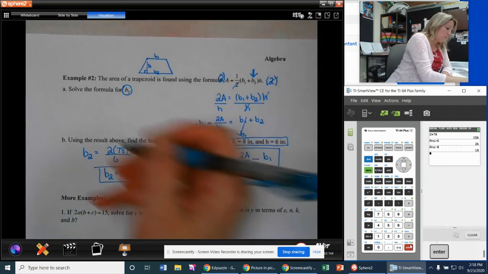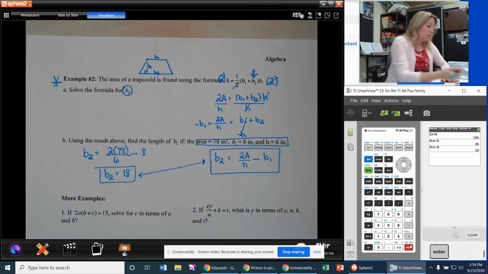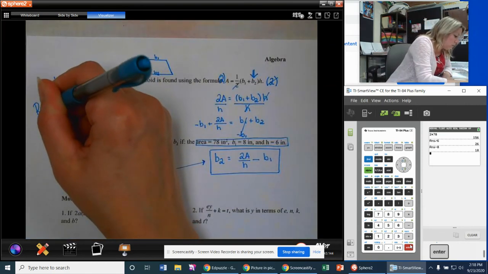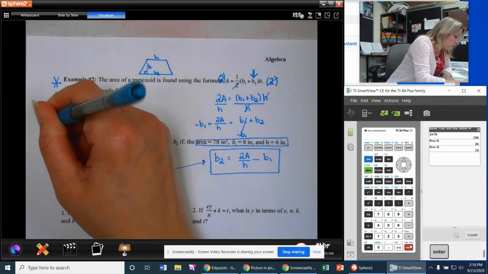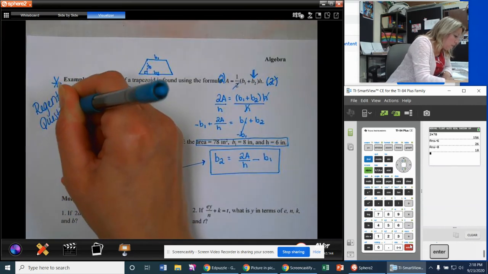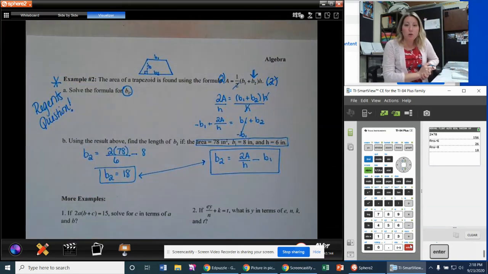Just a heads up. This is a former Regents question. So this is something that was 4 points on a Regents exam in the past. So you want to make sure you know how to do all those pieces.